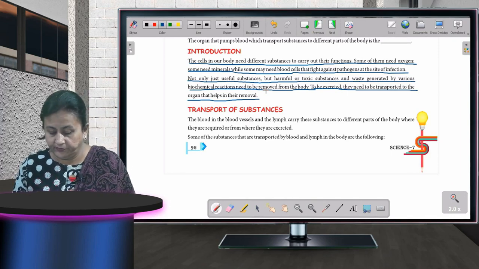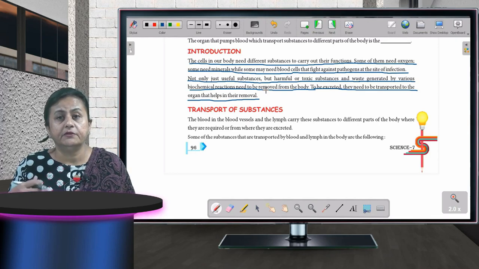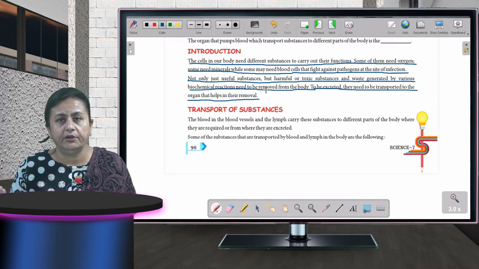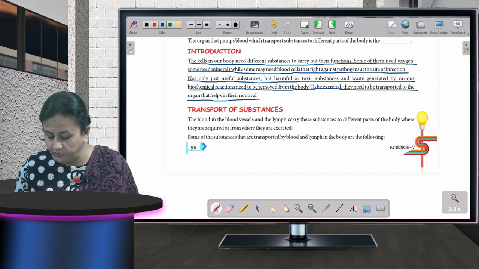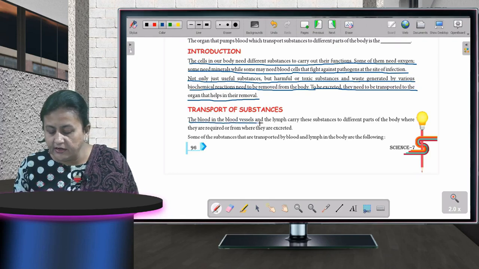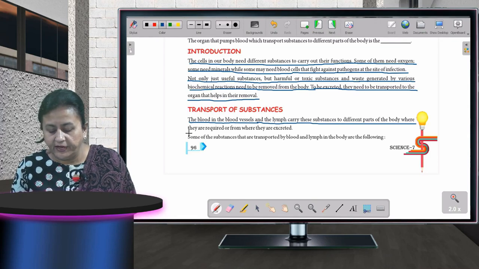Now, transportation of substances, how the transportation is there. Our body needs so many things, and how are they available and how are they transported, okay? The blood in the blood vessels and the lymph carry these substances to different parts of the body where they are required or from where they are excreted.